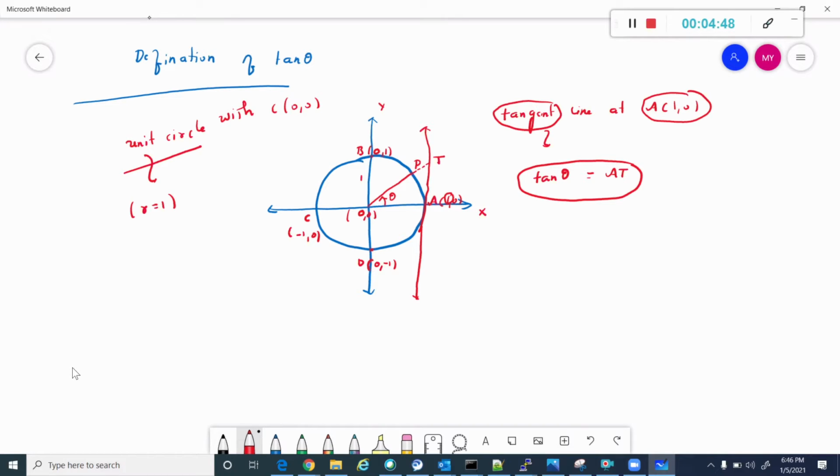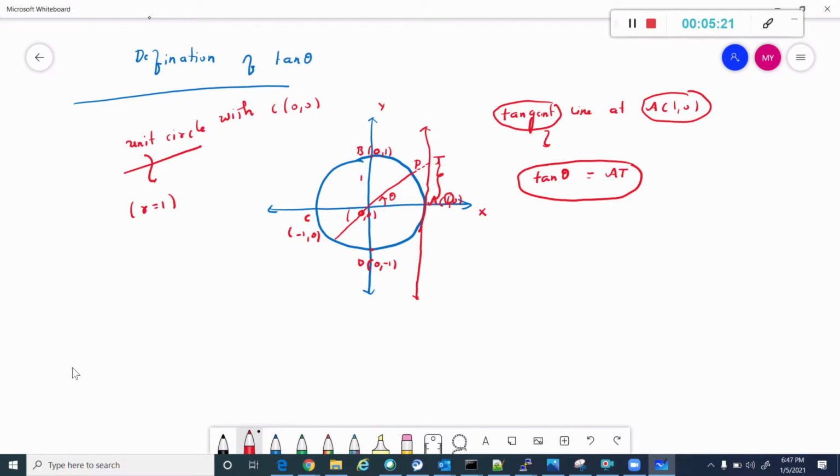That is the basic definition of tan theta. This length AT is tan theta. I could also extend OP in the opposite direction, but according to the Euclidean postulate, that ray will not meet the tangent line. You have to see in which direction to extend, which is one of the important things.